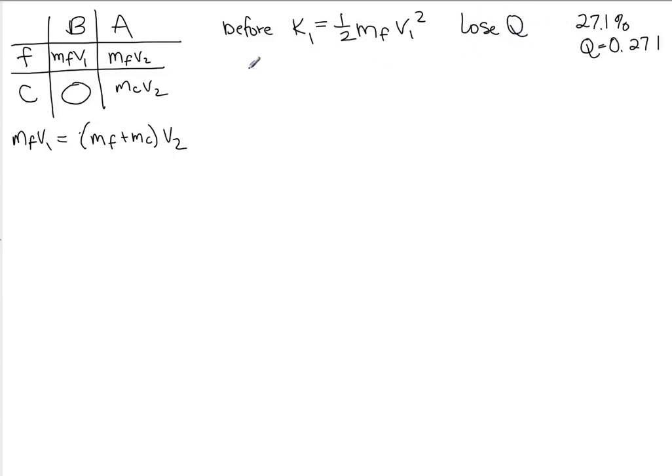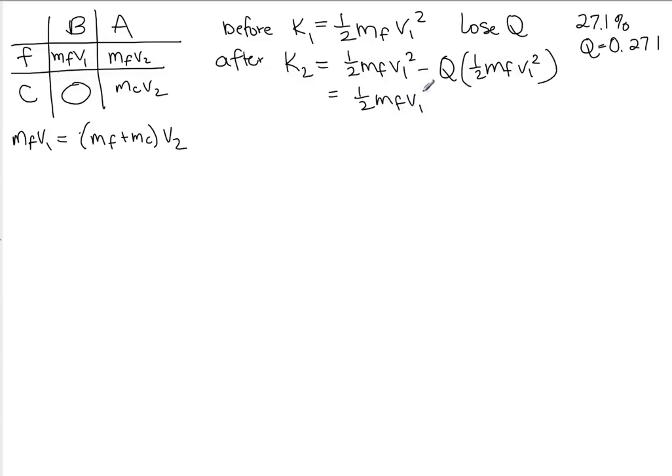So that means that afterwards, the amount of kinetic energy we're going to have left is going to be equal to what we had before minus Q times what we had before, which is the initial one times 1 minus Q. That's kinetic energy number 2.